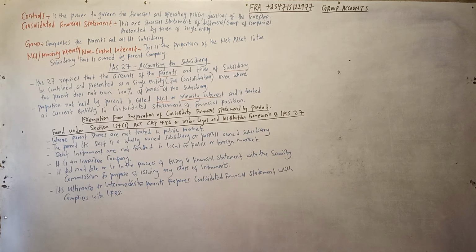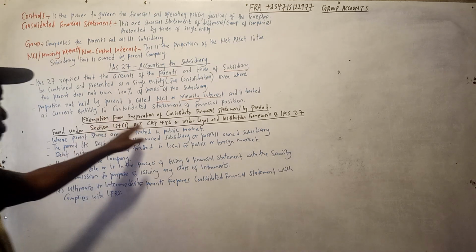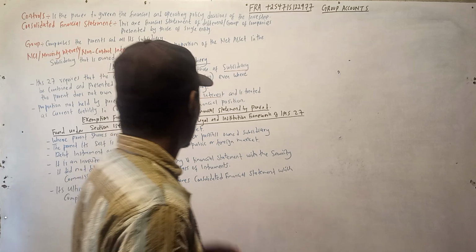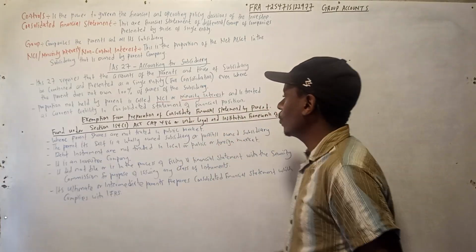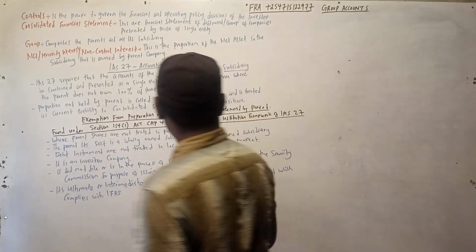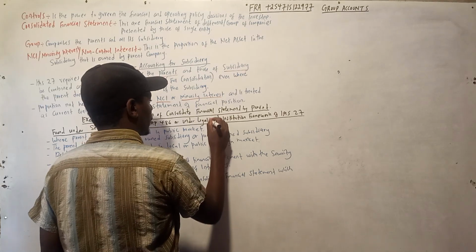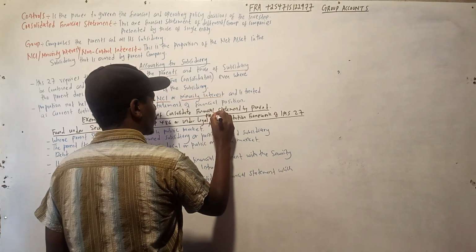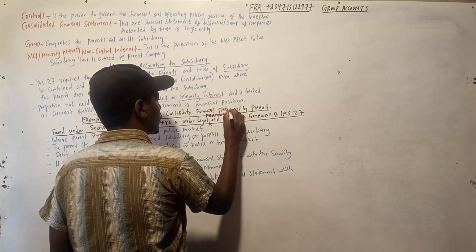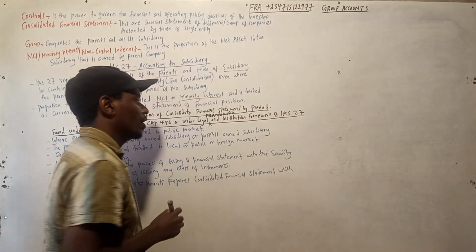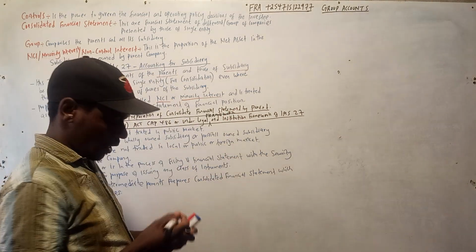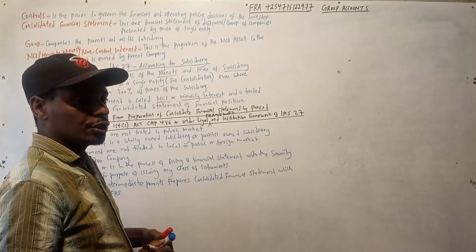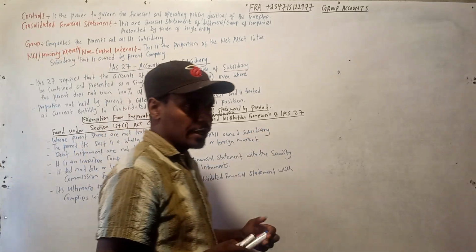Some of the exemptions that we can have, we can find them under the Companies Act, Section 154, Cap 486, or we can find them under the IFRS framework, or under the institutional frameworks prescribed by the IFRS.